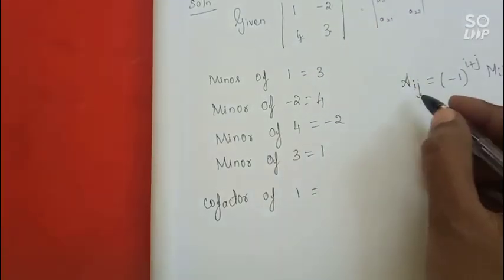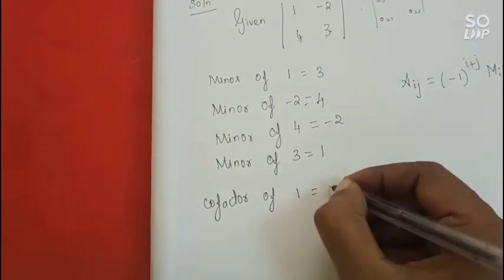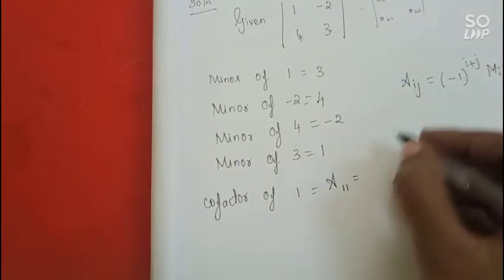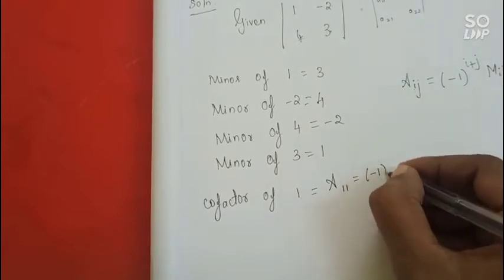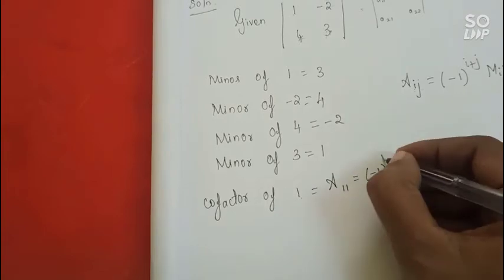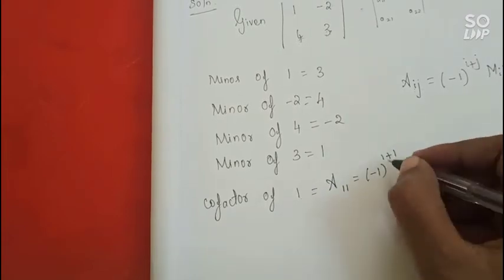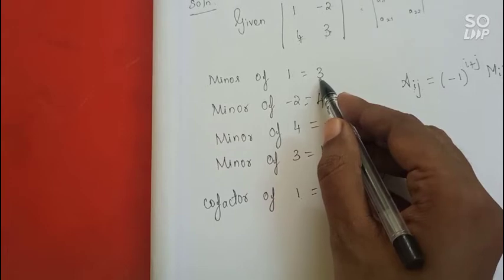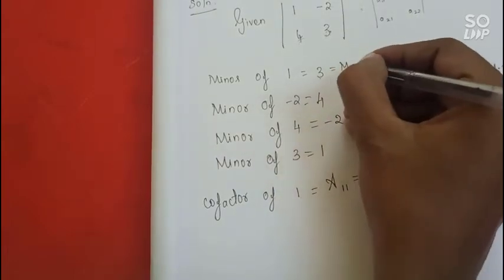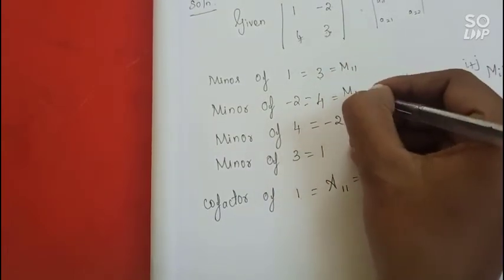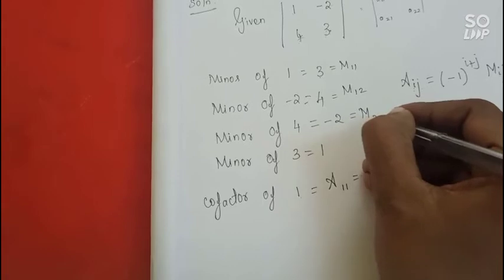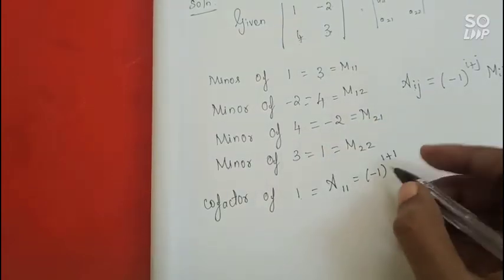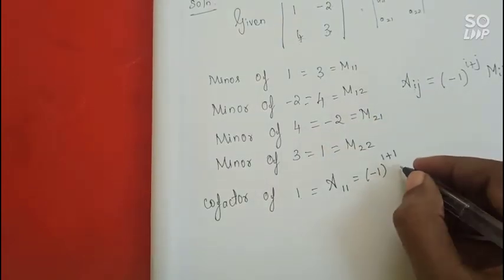So cofactor of 1 means A11, i value 1, j value 1, equal to (-1) the whole power 1 plus 1 into M11. This is the same as M11, this is M12, this is M21, this is M22. So M11, what's the value?